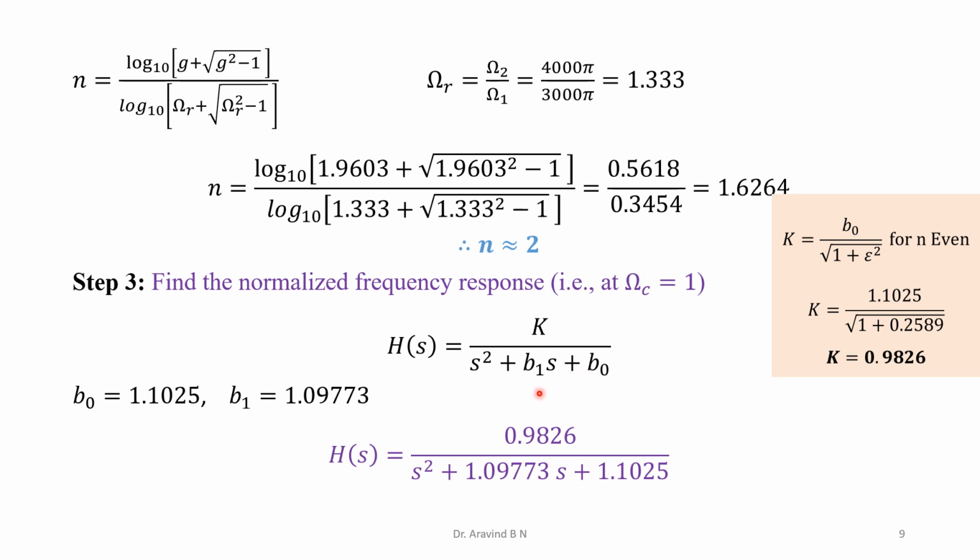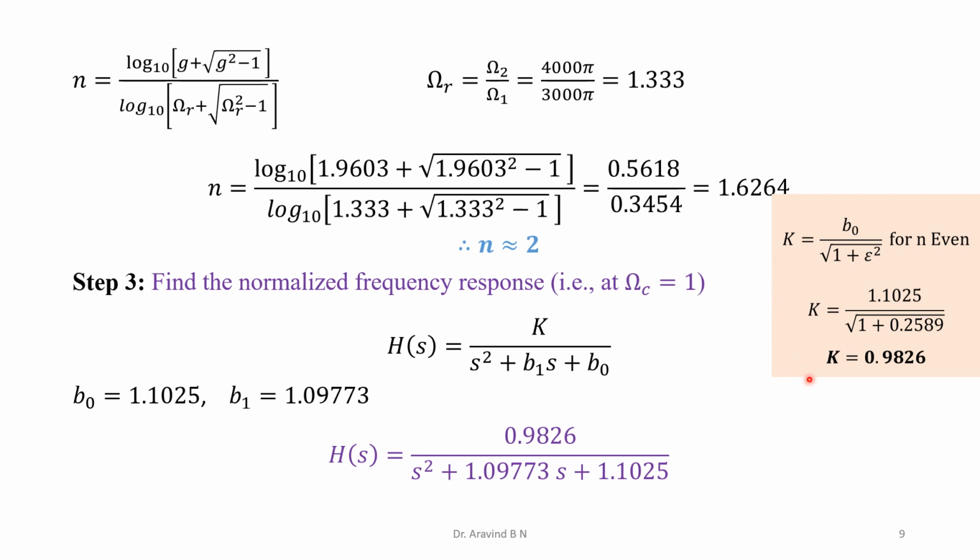The values of b0 and b1 will be taken from the lookup table and are found to be these values. And remember, in the lookup table, first based on the epsilon value we have to obtain this b0 and b1. Substitute these values in the expression of H of s, and we obtain the denominator. To obtain the numerator value K, we must go through this set of formulae.